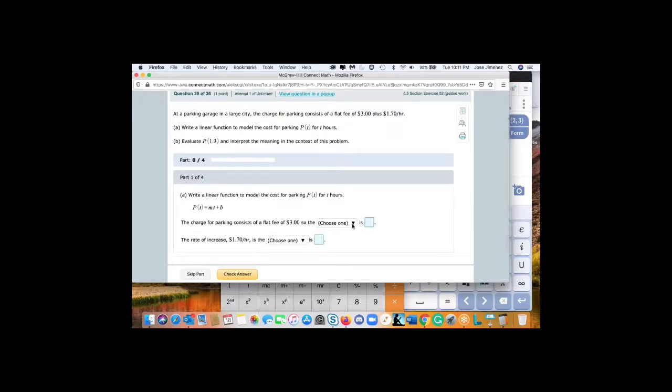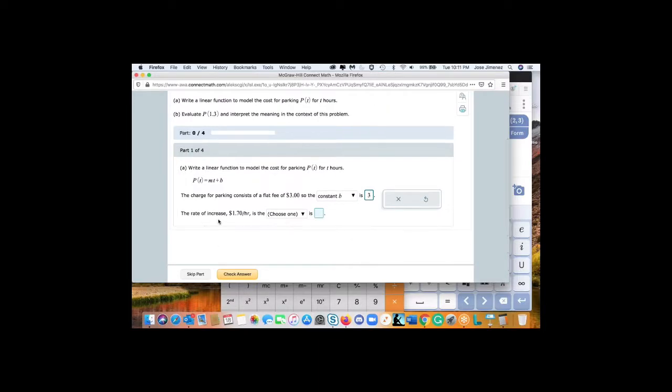So here is the formula. You say 3 is the constant value. Then the rate of 1.7 is m. That's the rate. That's the variable, and it's equal to 1.7. You can say 1.70 if you want, or 1.7.